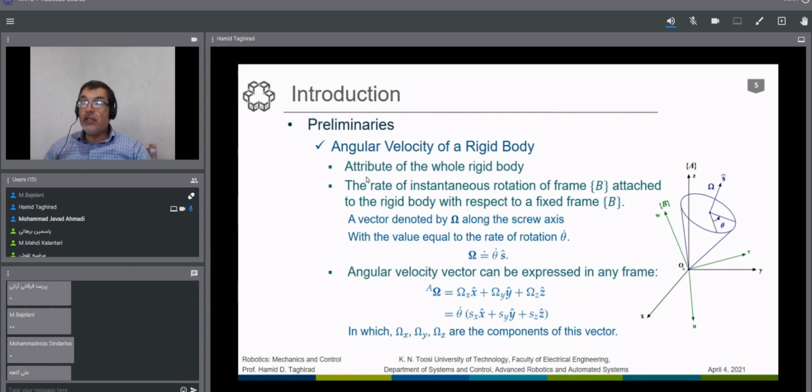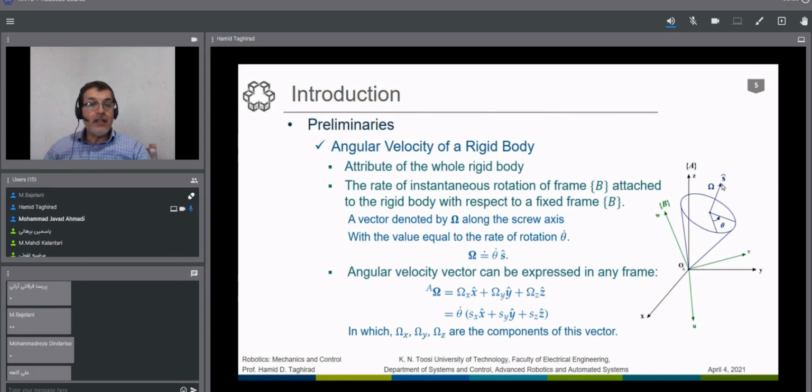And the definition is very simple. We had the rotation defined as a screw vector. We have defined a rotation of a rigid body as an angular motion of a rigid body along a vector.